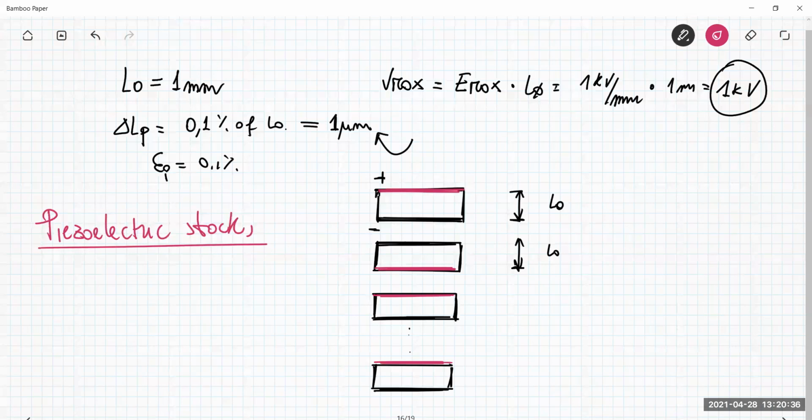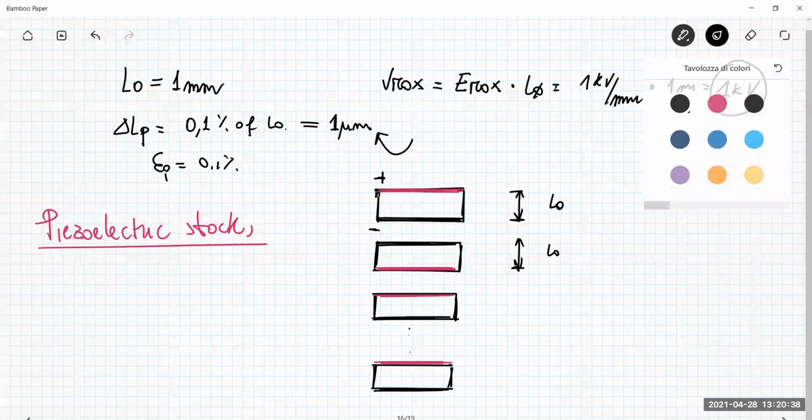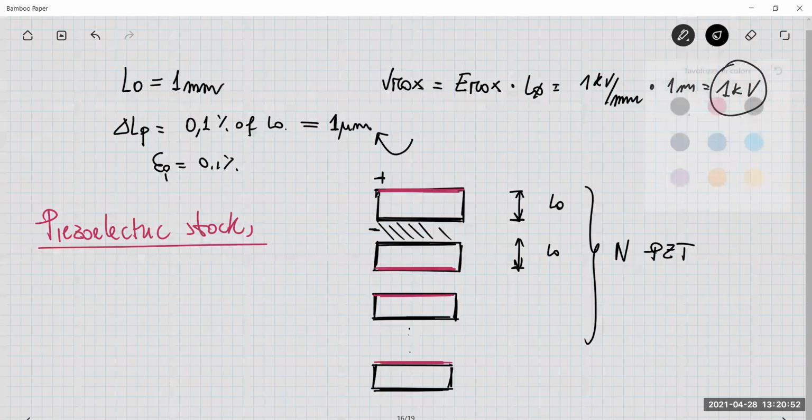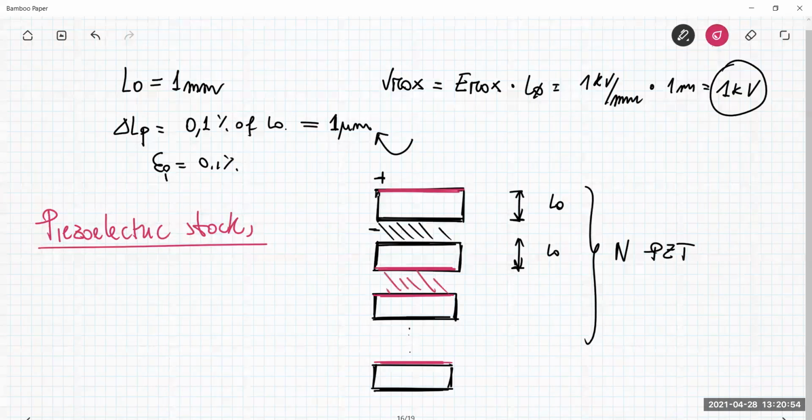So I have n of these elements, n PZT. Then suppose that I can connect these terminals, so there is a galvanic connection between the terminals.